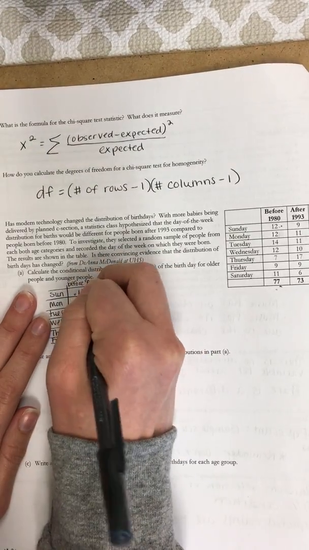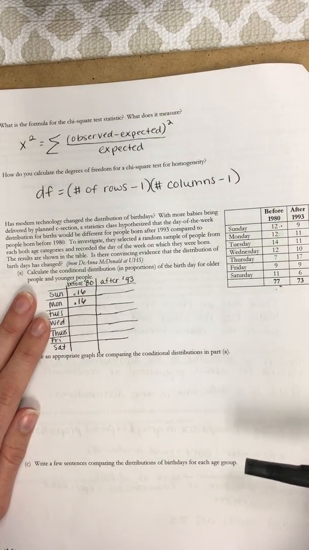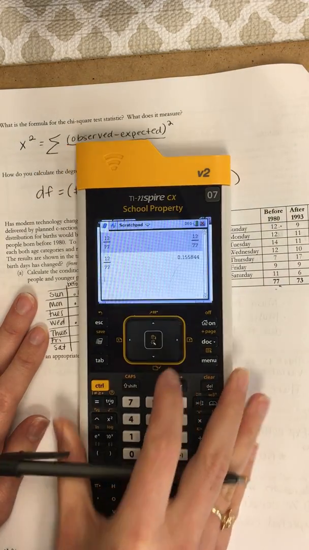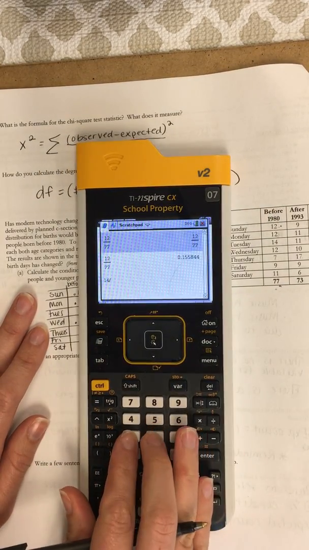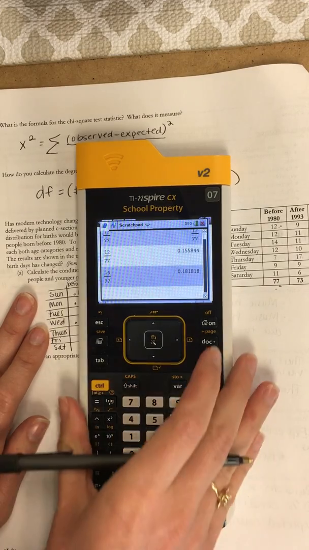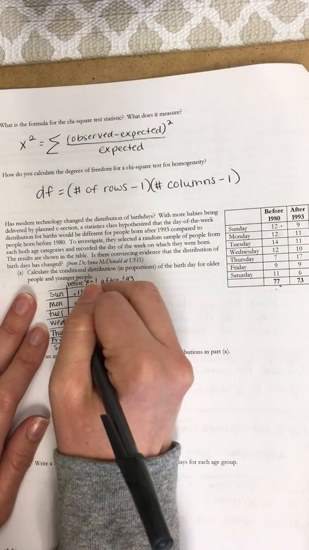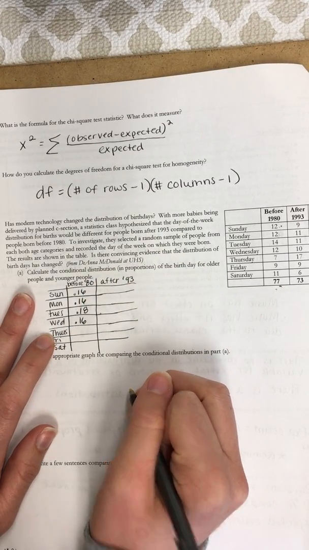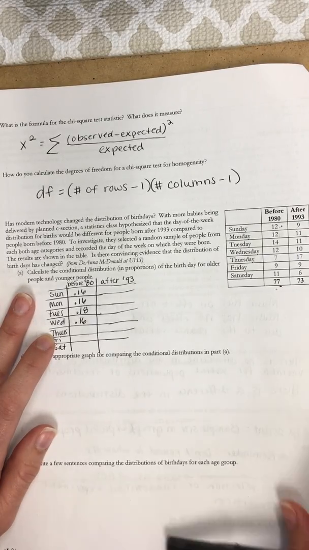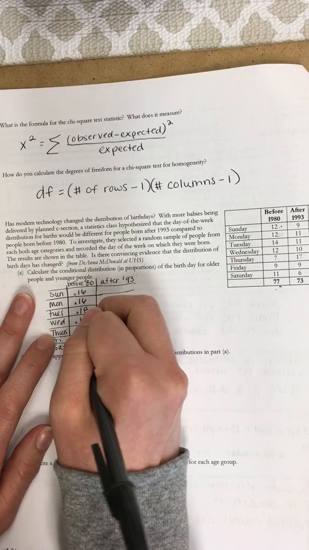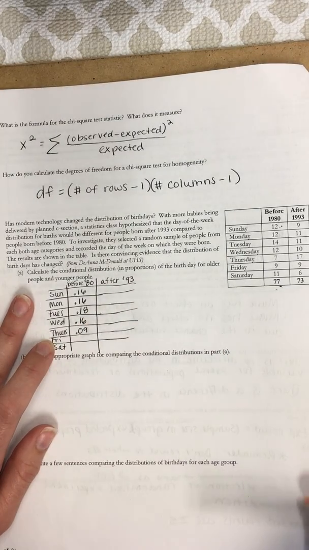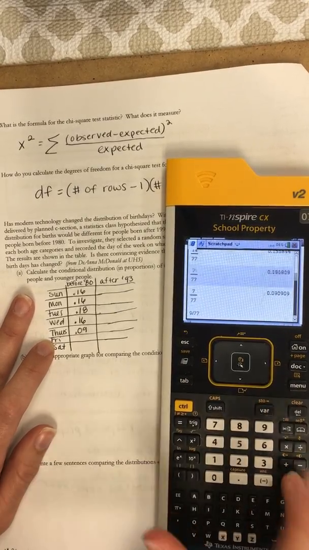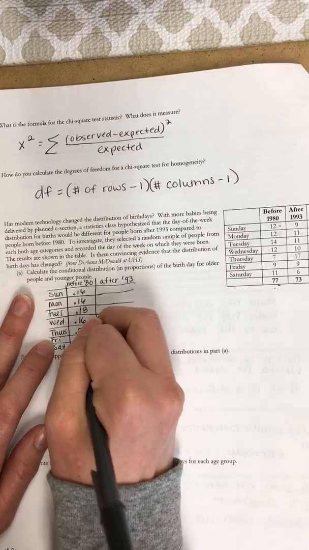So the next one will also be the same, since that one's 12 also, Wednesday also. Then I need to do 14 divided by 77, 0.18. Thursday. Friday, I would do 9 divided by 77, 0.12.